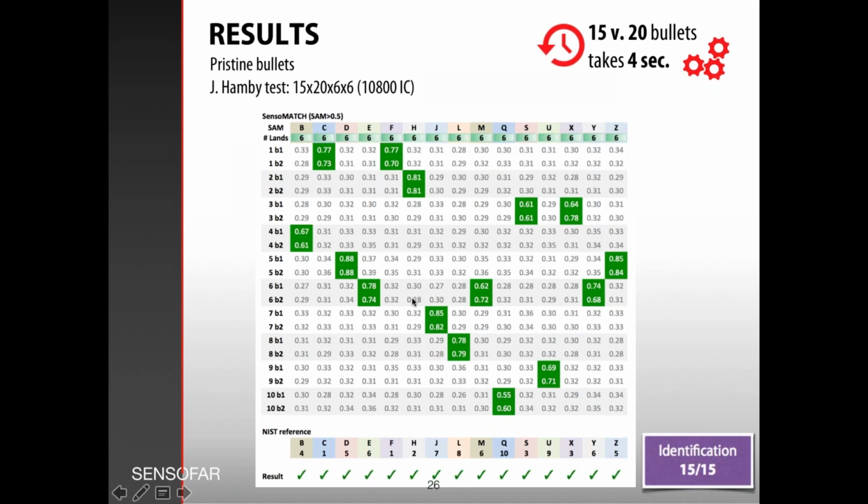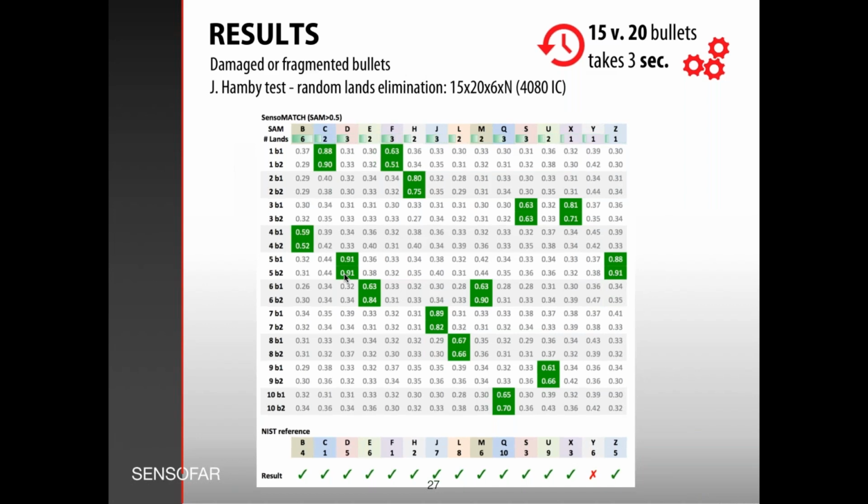In the opposite case, bullet D has the highest SAM score. This is using all the lines for the 20 knowns, and also all the lines for the 15 unknowns. And in the next slide, slide 27, in the unknowns we have been removing randomly some lines from the unknown bullets to see what happens.